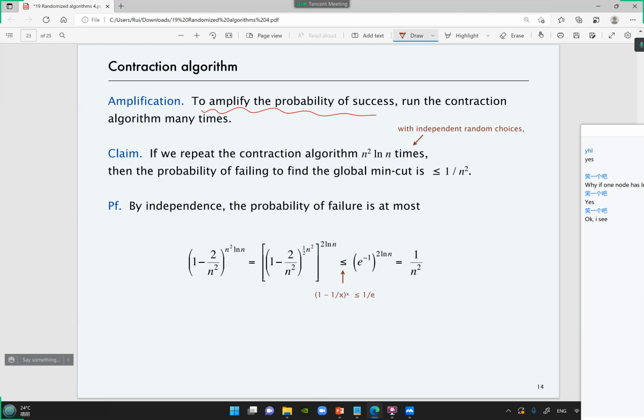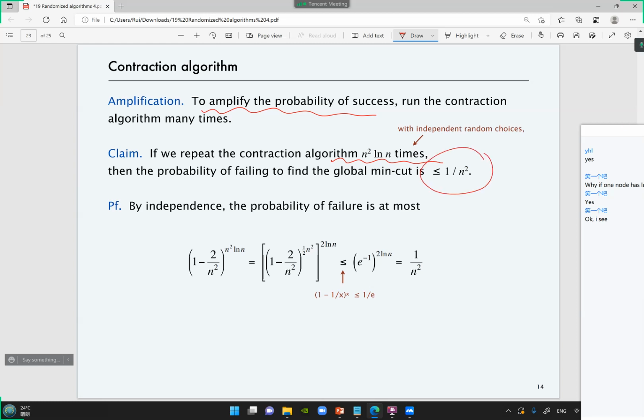So if you run this algorithm once, then it's basically got a 2 divided by n squared probability of succeeding. So we're not just going to run this once, we're going to run this many times. In fact, we're going to run this n squared times log n times. And the claim is that if you run the previous algorithm n squared times log n times, then the probability that all of these executions fail is going to be quite low.